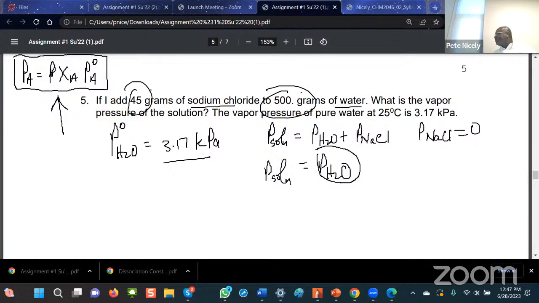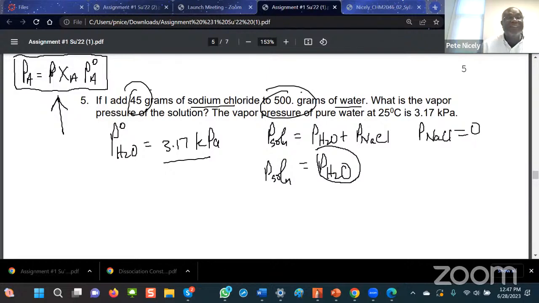Any ideas? Okay, so yes, you're right, Alexandra. We need to calculate the mole fraction of water.